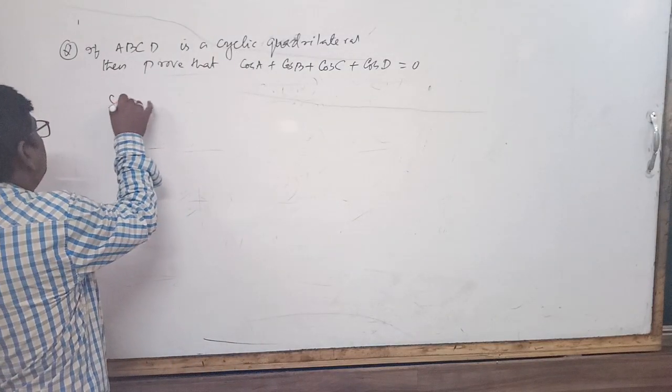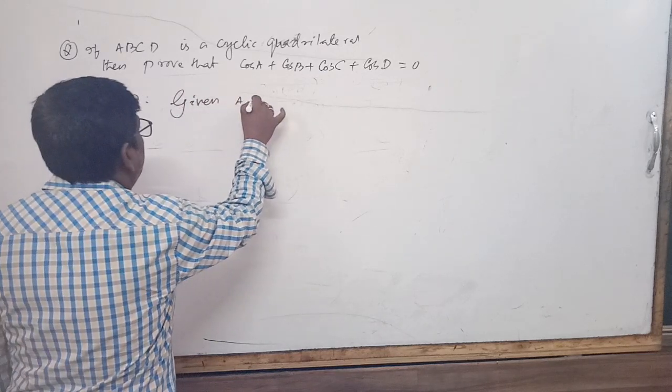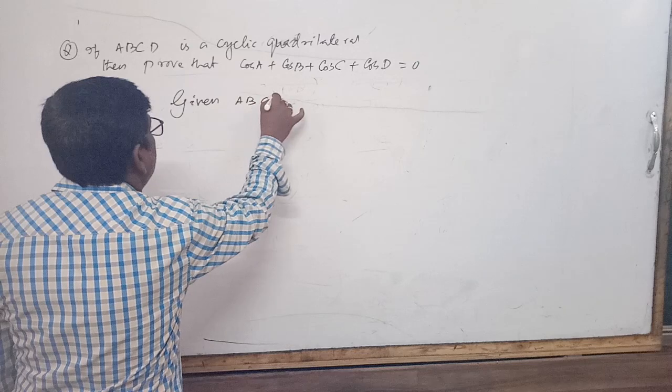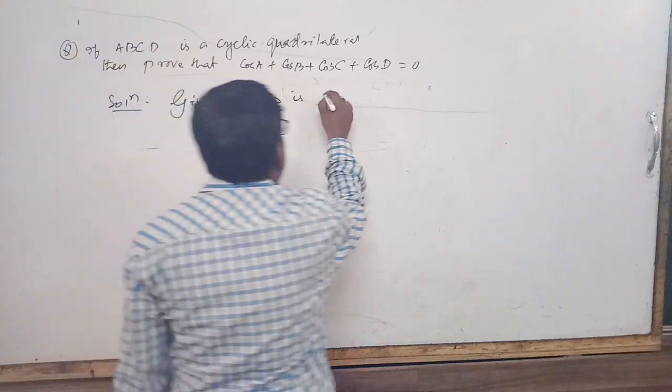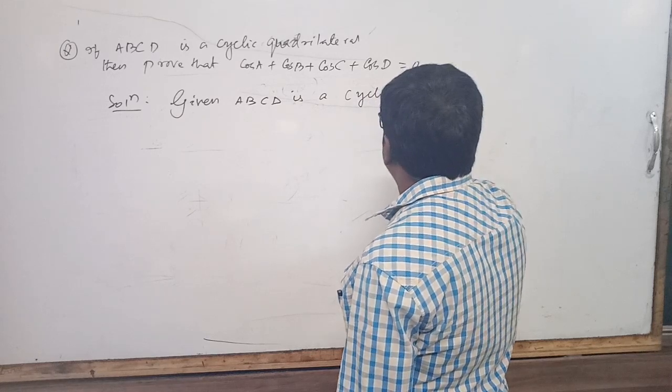Solution. Given ABCD is a cyclic quadrilateral.